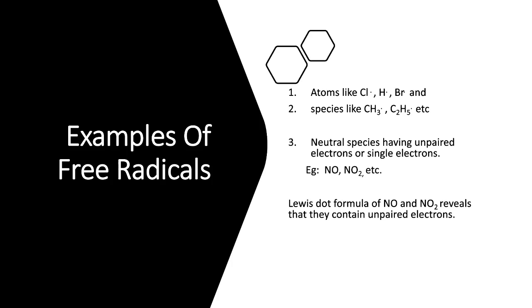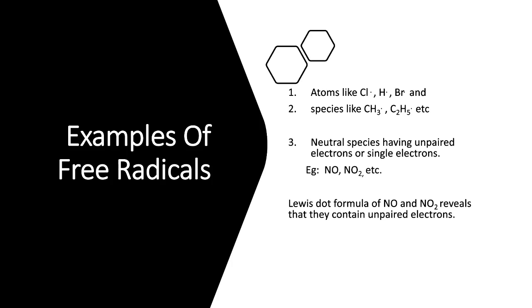Because of that reason, they act as free radicals. Example, NO and NO2. If we consider the Lewis dot formula of NO and NO2, they reveal that they contain an unpaired electron. Because of that reason, they act as free radicals.